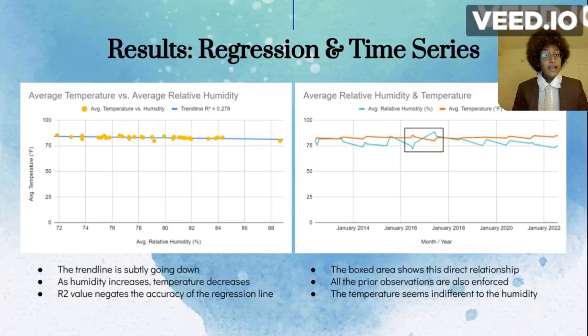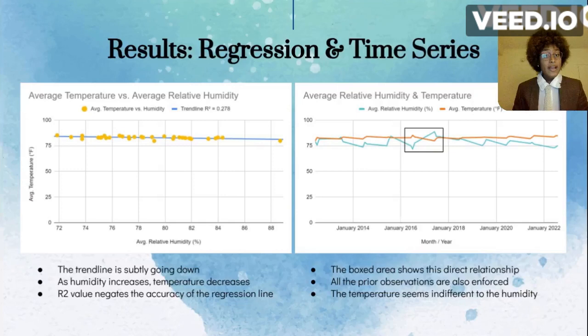Moving on to my time series graph, as you can see in the boxed area, we get an exact point that explicitly shows us a point where average temperature was increasing and relative humidity was decreasing, and later on, relative humidity was increasing while average temperature was decreasing, which again supports the relationship we established before.